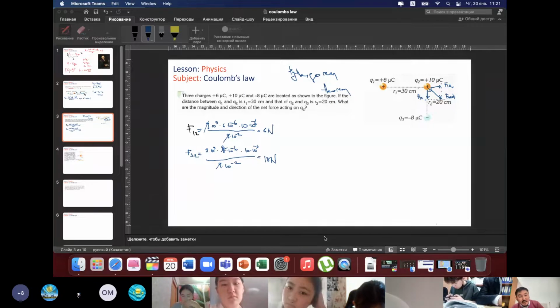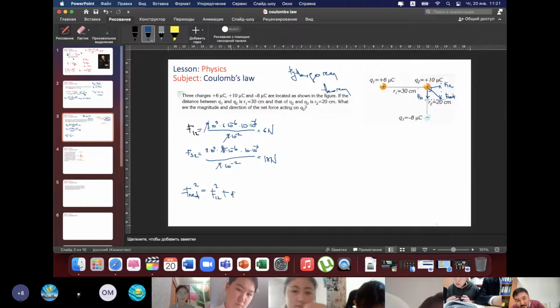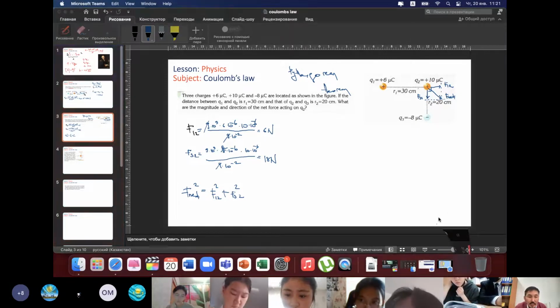Now, in order to find it, what I do: F-net squared, of course, will be equal to F12 squared plus F32 squared. Ayajan, please, how much do you get?